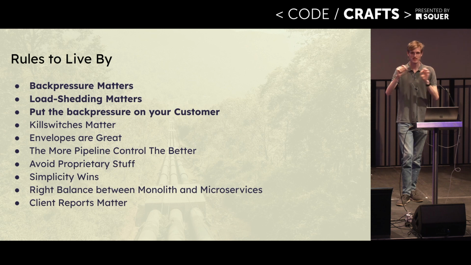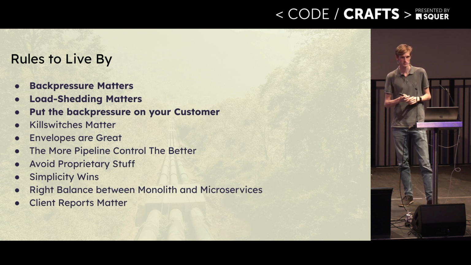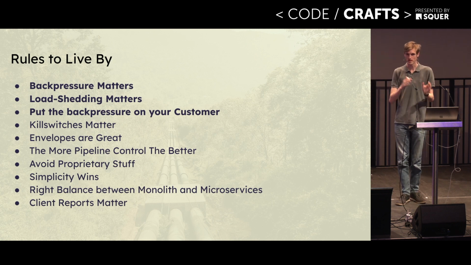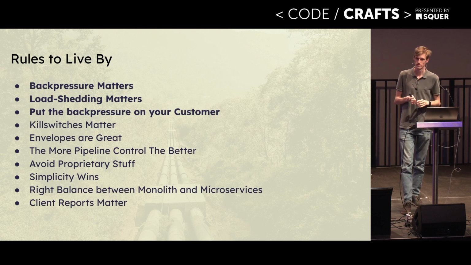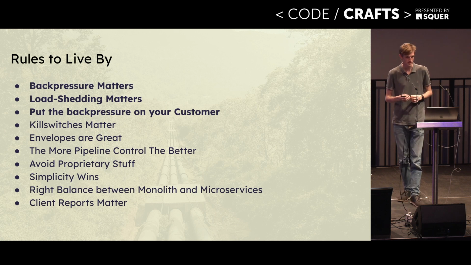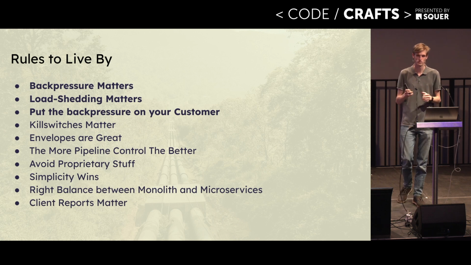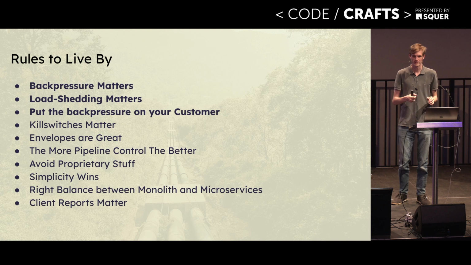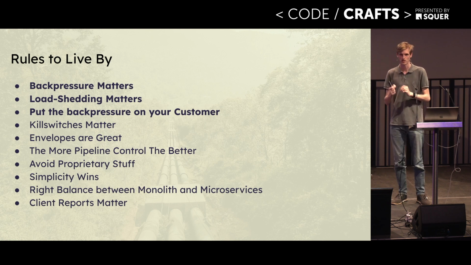But being able to selectively turn off and on individual pieces throughout the infrastructure really quickly is very important, because once you have a backlog, you're not going to go to sleep, because you have to figure out how to burn it off. And you want to avoid backlogs at all points. The more control you can put into your pipeline to make rapid changes to it, like throwing away events or turning off the expensive part.